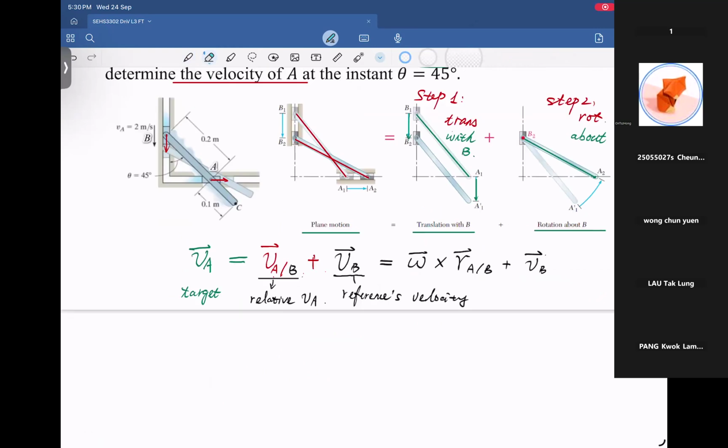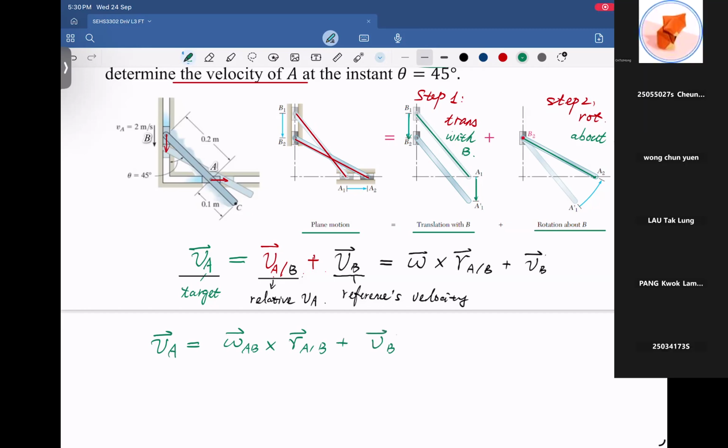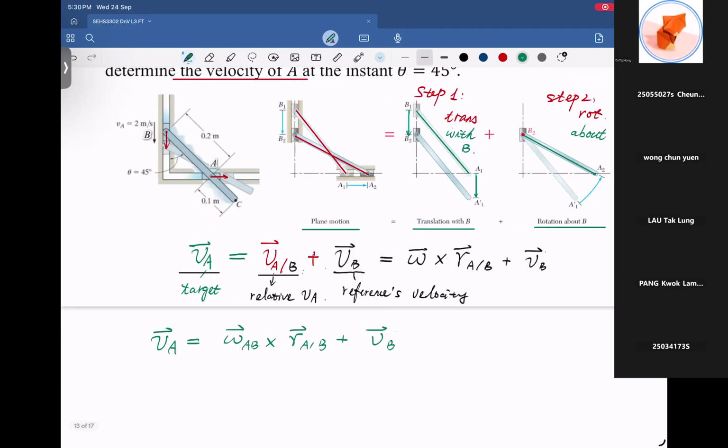Based on this equation, we can solve the problem. Actually, we do not know V_A, so we can do it one by one. Finally, we have such an equation: V_A equals omega_AB cross r_A/B, taking B as a reference, plus V_B. In this case, we can analyze one by one.